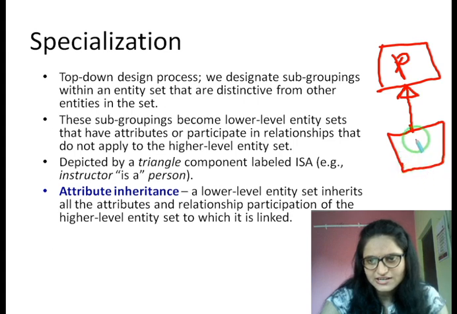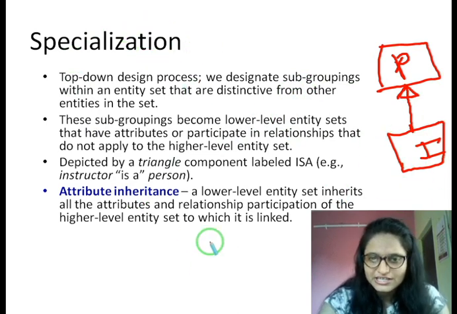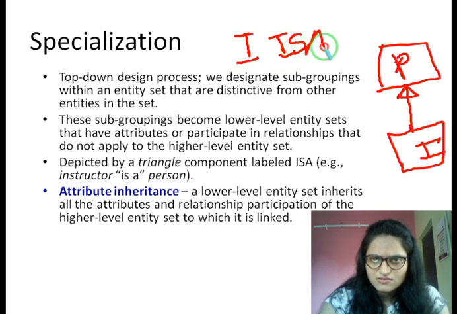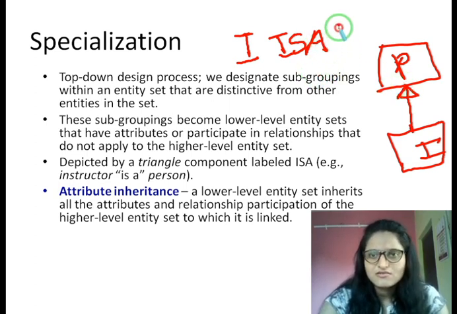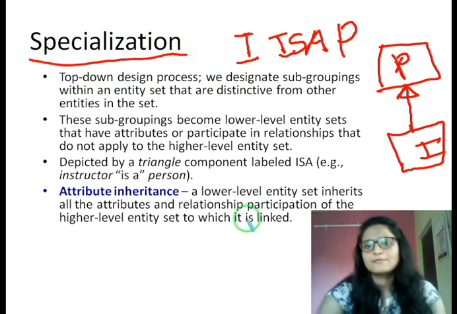This is one entity, instructor. So how can we write this entity relationship in words? This way: instructor is a person. This is termed as a specialization. Okay.